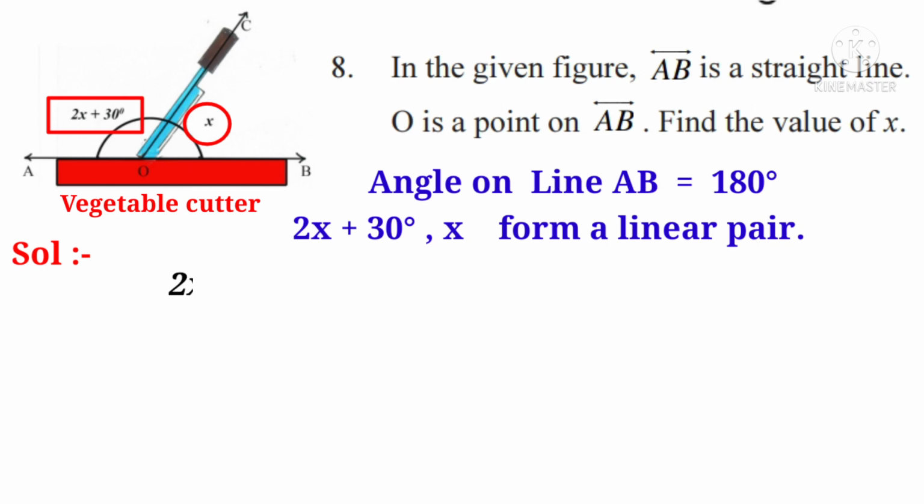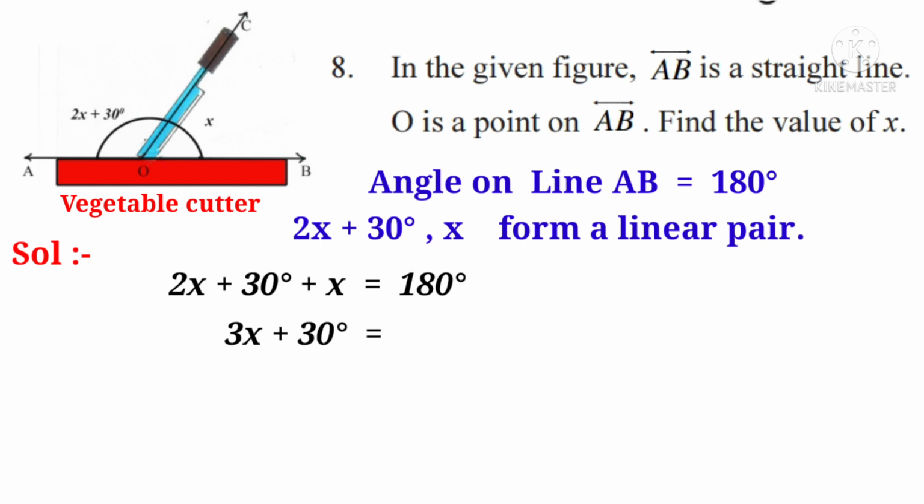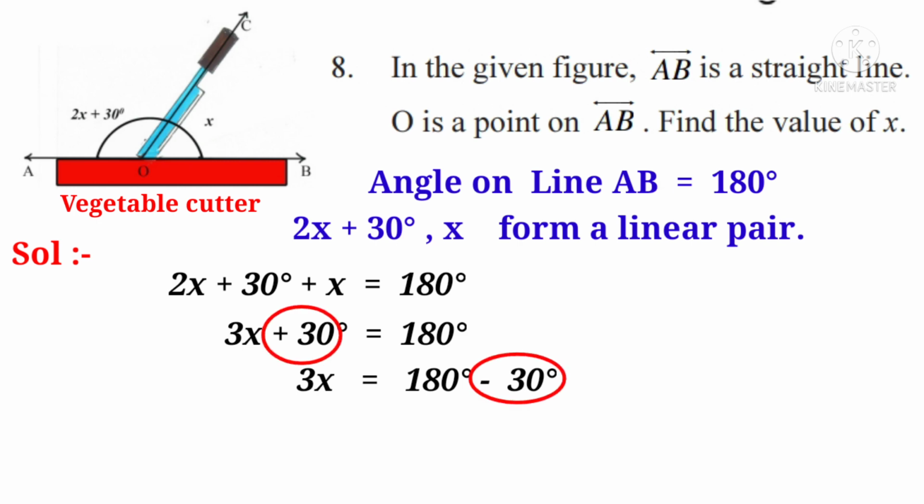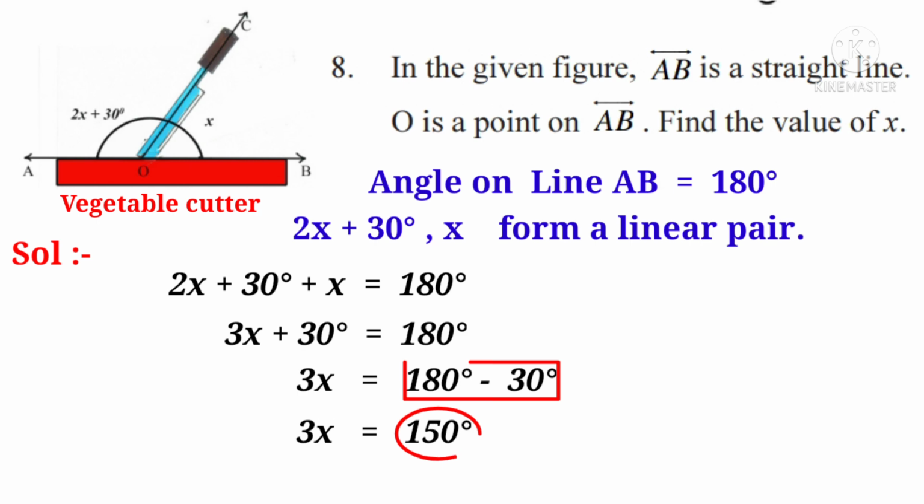So the sum of the angles 2x plus 30 degrees plus x is equal to 180 degrees. So 3x plus 30 degrees is equal to 180 degrees because 2x plus x gives 3x. Now 3x is equal to 180 degrees minus 30 degrees, because plus 30 degrees when transposed to the right hand side becomes minus 30 degrees. 3x is equal to 150 degrees.